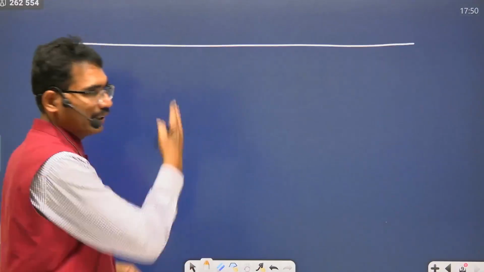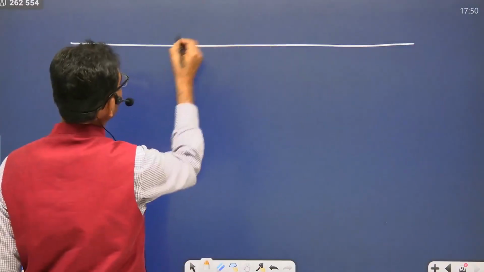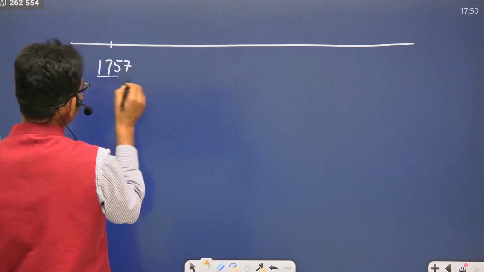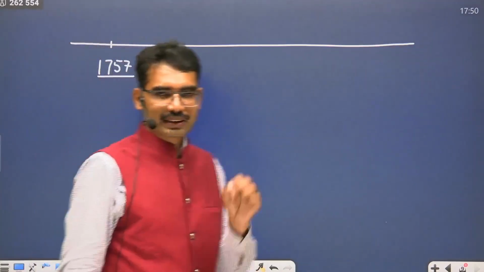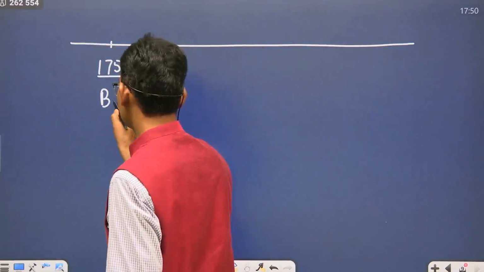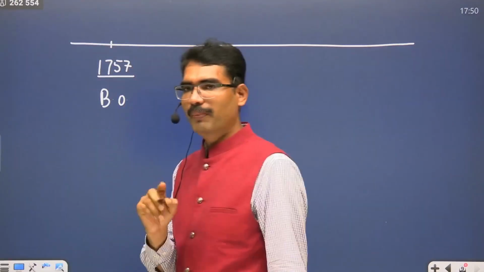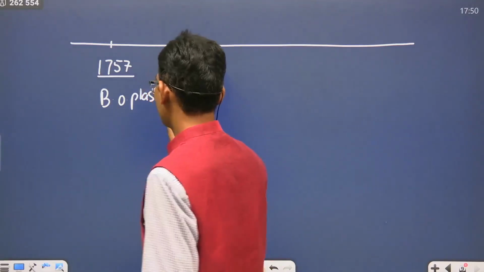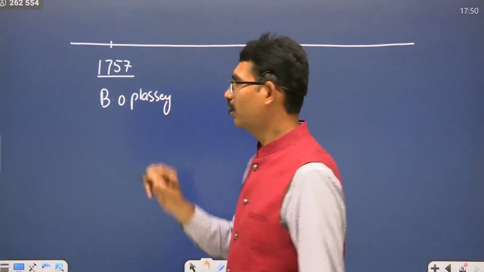Identify this one. Here some prelims questions are also there. In 1757, the British defeated the Bengal Nawab in a battle called the Battle of Plassey in Bengal.